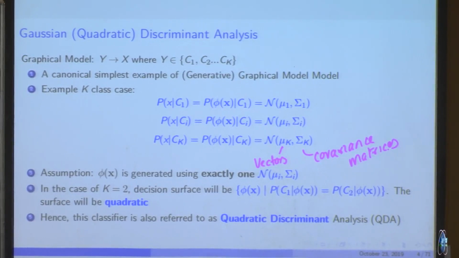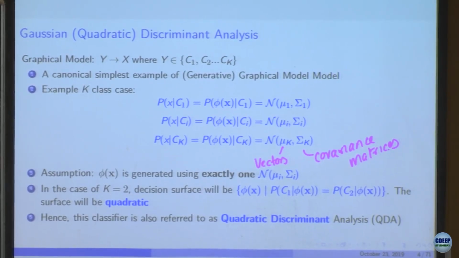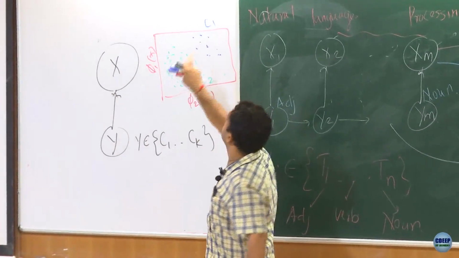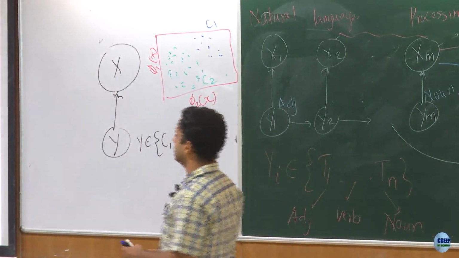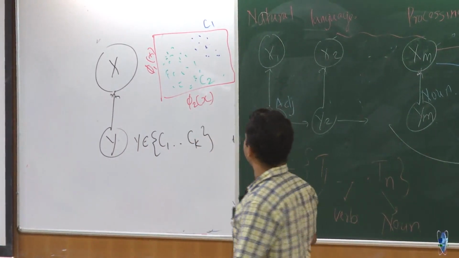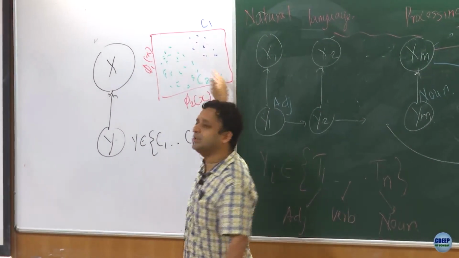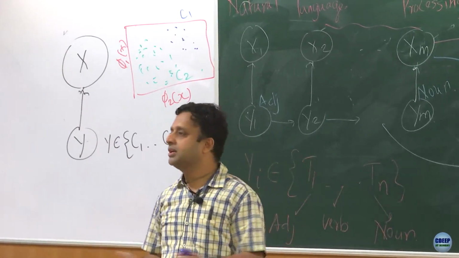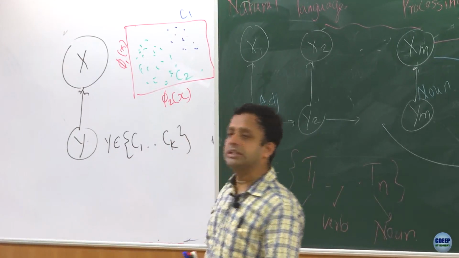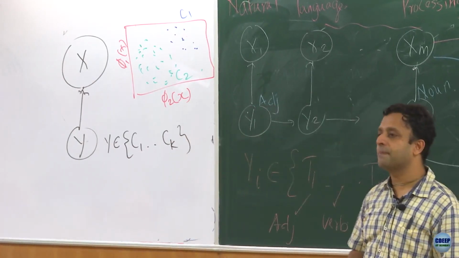Now if you assume that every point is generated using exactly one of the classes, these points come from C2, these points come from C1, and then if I ask you to tell me how the separating surface will look like in your classification problem, what will that classification surface look like?